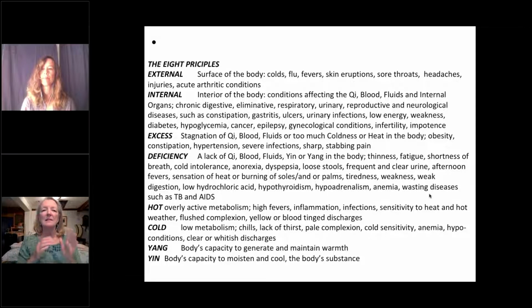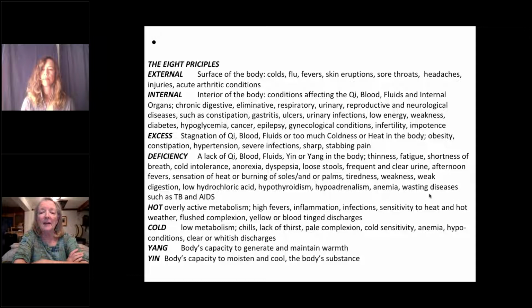You can have a slight amount of deficient yin, a slight amount of deficient yang, or more progressed deficient yin, more progressed deficient yang. So these things are not discrete. They are on a continuum, and it's a matter of where you are on that continuum.